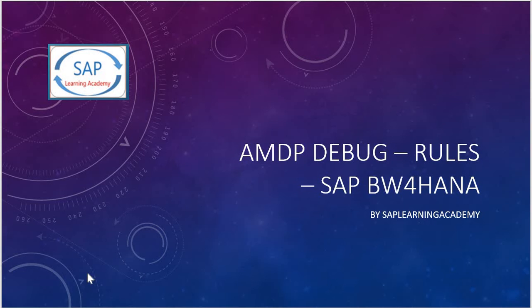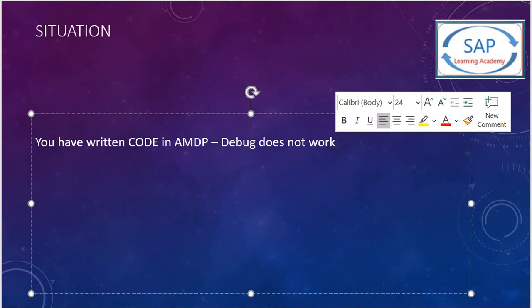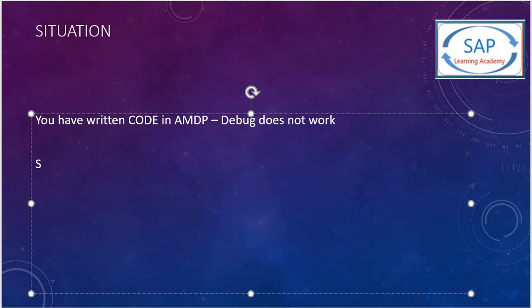So that you can implement the debug successfully. So we have a situation now that you have written a code in AMDP, like the code can be start routine or it can be end routine or it can be expert or fill routine.